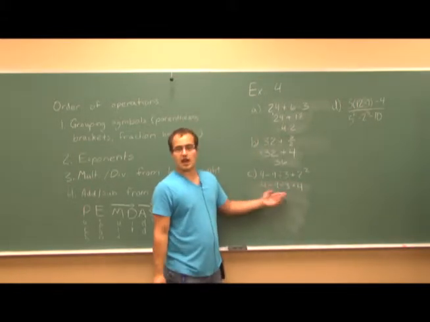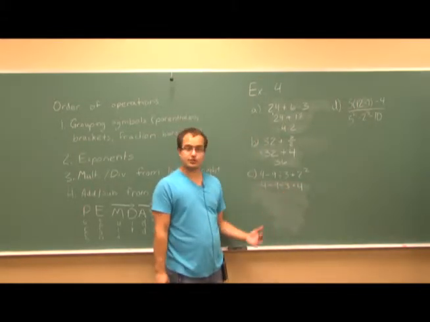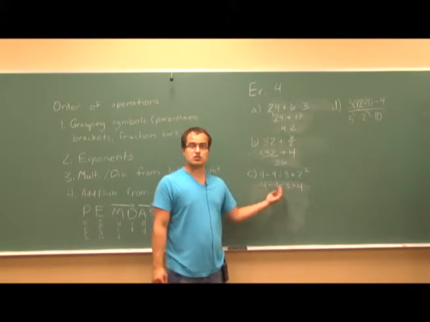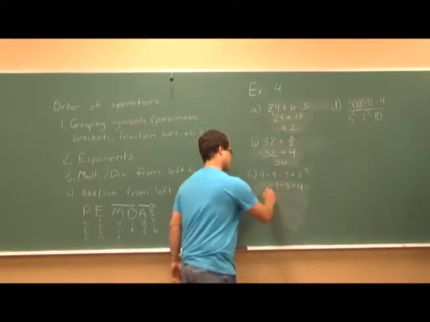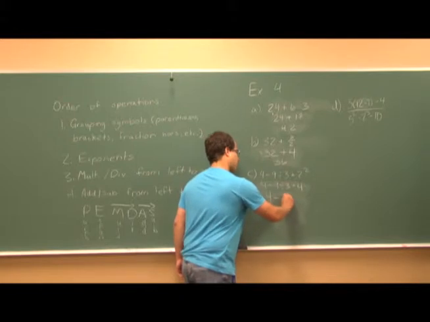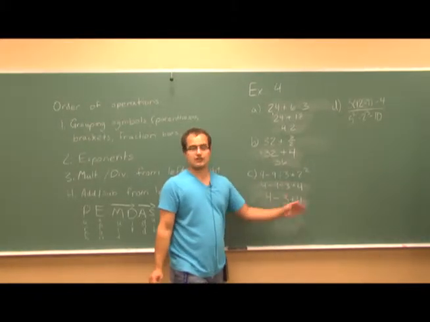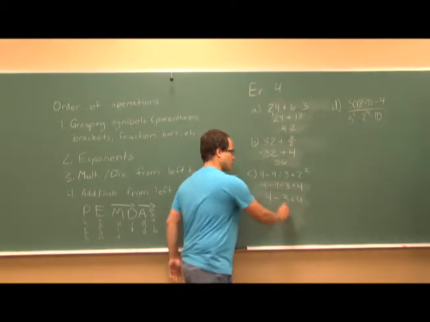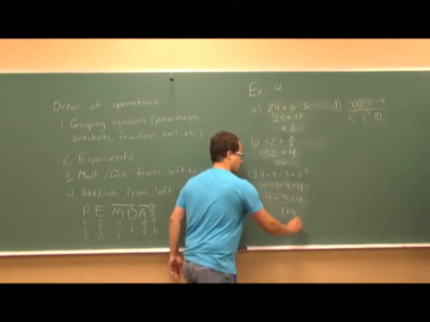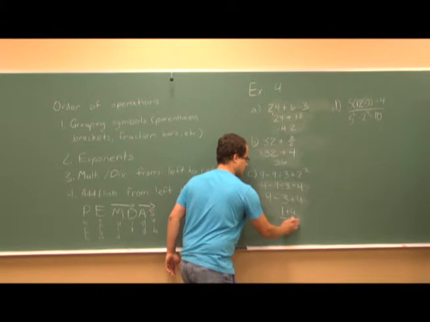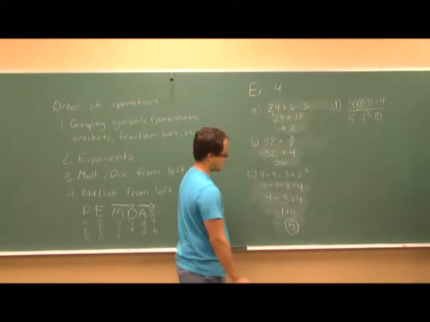Now I look. Exponents are done. Multiplication and division. I do have division, so I have to do 9 divided by 3, which is 3. Now you do addition and subtraction, left to right. 4 minus 3 is 1. 1 plus 4 is 5 for our final answer.